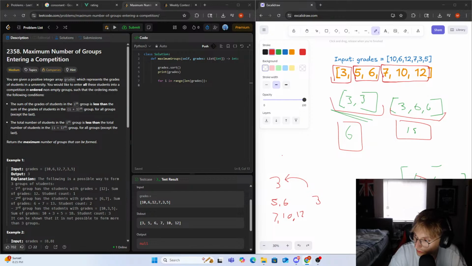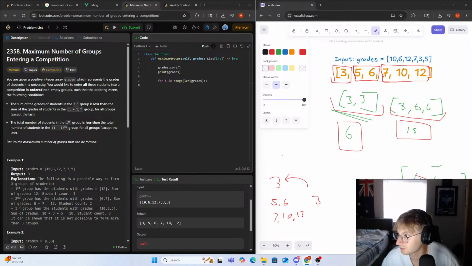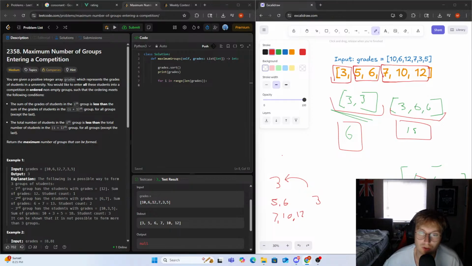I feel like the solution is going to be very simple. I'm trying to think about the way that we would solve this. Trying to think here. Get our maximum groups here.